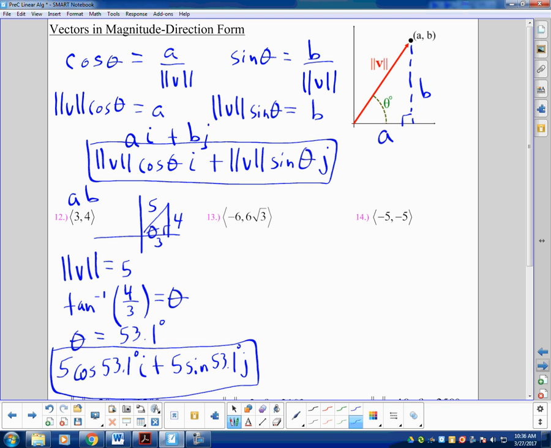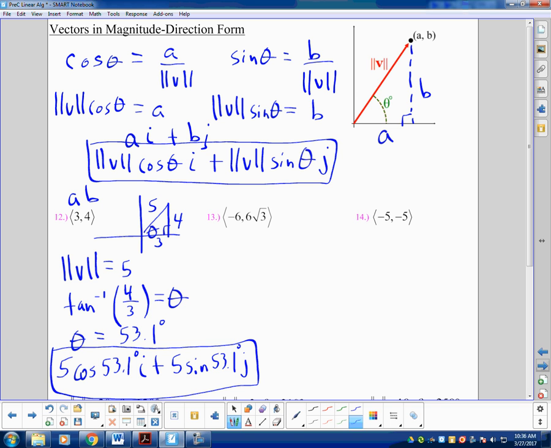On a lot of the problems I'm going to give you for practice, I'm going to stick to the unit circle. So both 13 and 14, you could probably tell me, what's the angle here? It's the same as the one before, I think. Negative 5, so what am I? Yeah, 225 again, or negative 135 if you wanted to. It doesn't matter. But in terms of degrees, that's it. So 225 degrees, then you'd find the magnitude.